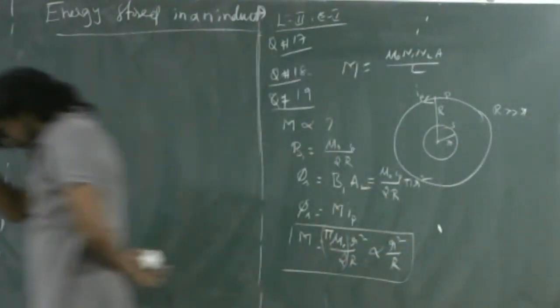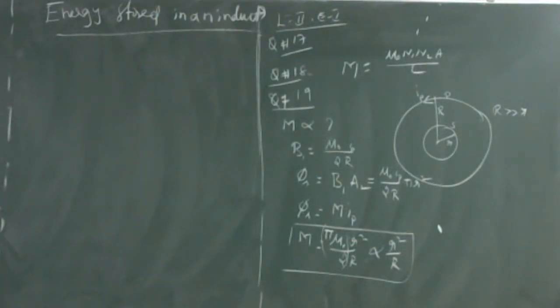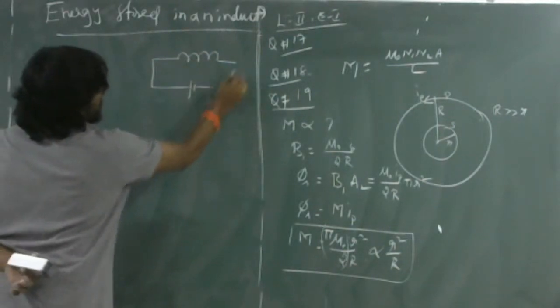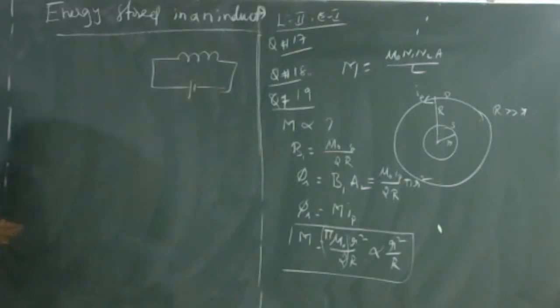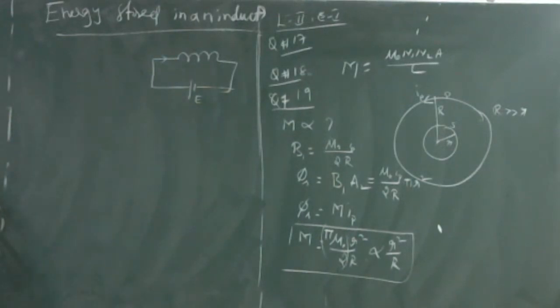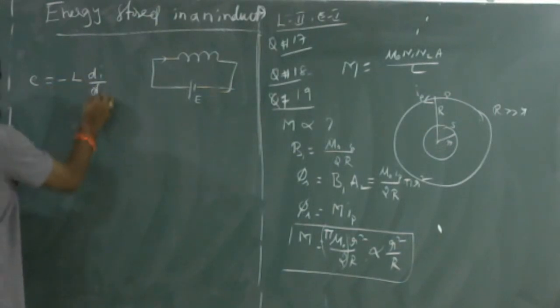Inductor is nothing but a coil. If you consider a coil which is connected to a source of EMF E, and a current passes through it, the EMF induced in the coil is E equal to minus L into di by dt.